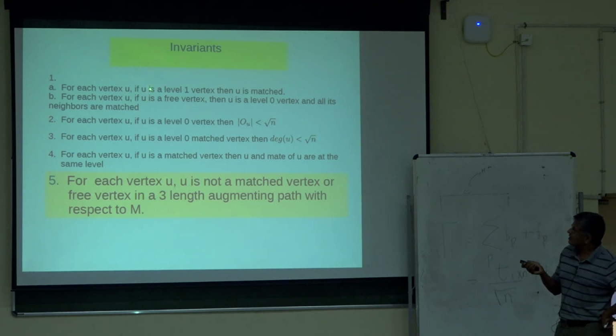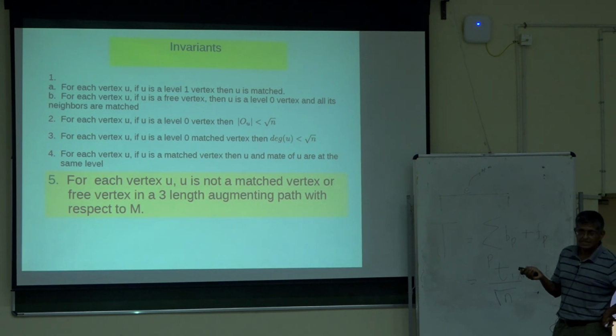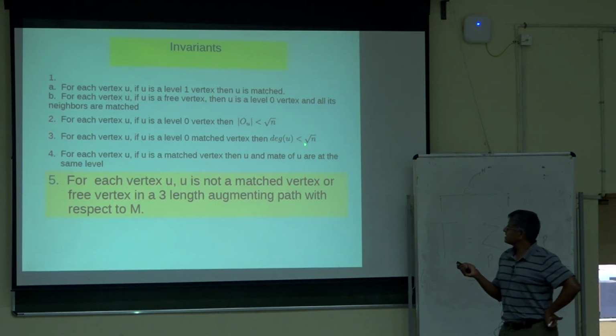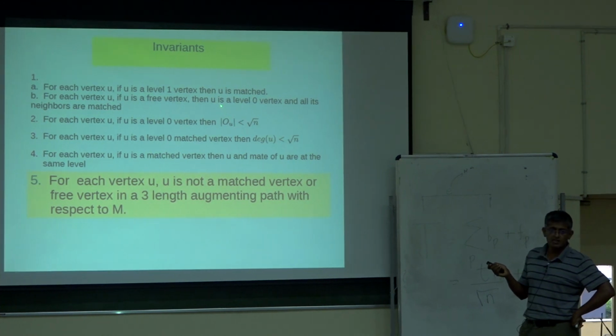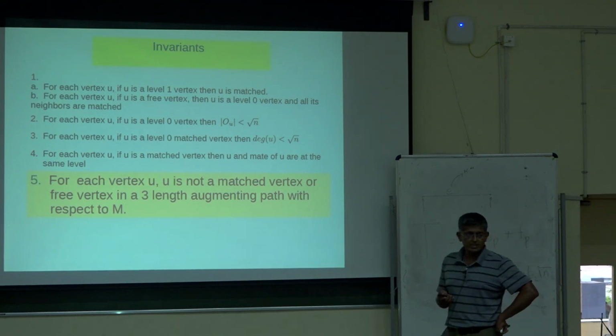So the first three are exactly as in the previous work. The additional two conditions that we enforce on the matching that we maintain are that if a level 0 matched vertex has degree smaller than root n, it can stay at level 0, though its ownership might have crossed root n. And we kill three-link augmenting paths.